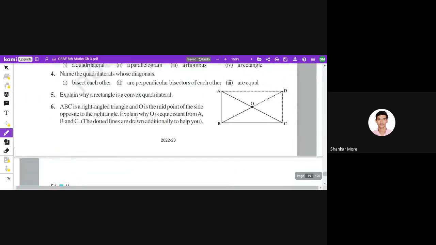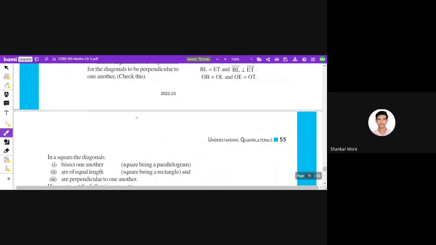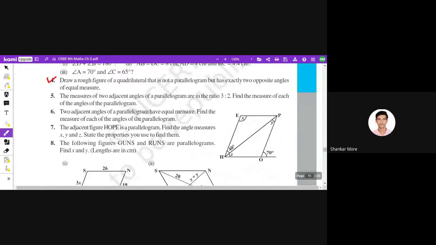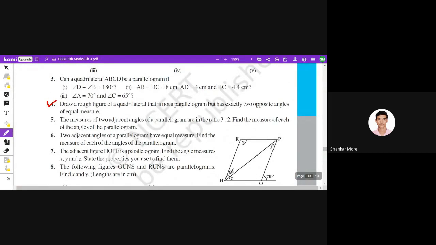Okay, so let's go back to practice 3.3 and we'll try to solve a few questions. So now the fourth one we have to solve. Draw a rough figure of a quadrilateral that is not a parallelogram but has exactly two opposite angles of equal measure.